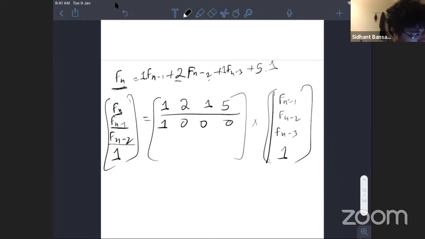Then Fn minus 2 is going to be 0, 1, 0, 0, because Fn minus 2 is just 0 times this thing plus 1 times this thing plus 0 times blah blah blah. Basically just keep this term and ignore all the other terms. What is 1 now? 1 is going to be 0, 0, 0, 1. Basically 0 times this thing, 0 times this thing, 0 times this thing, 1 times this thing.